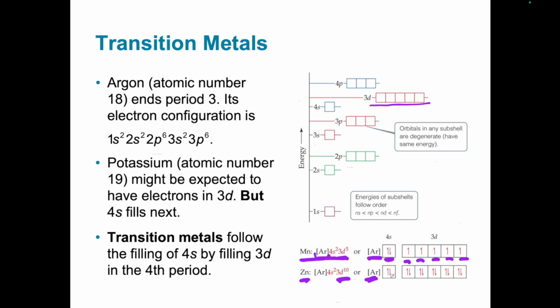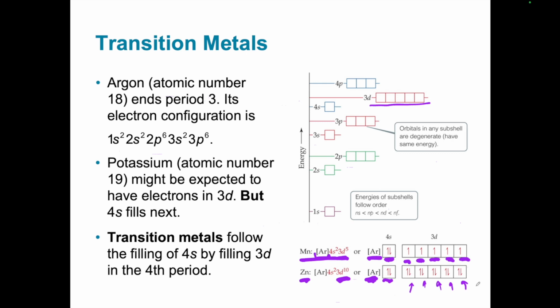So if we use zinc as our example, it has 5 extra electrons than manganese does, and so again you fill them up, but you always go one at a time first, and then you come back and add in these extra ones to accommodate all the electrons in the d orbital of zinc. So always, if it's a degenerate orbital, go one at a time first, and then come back and fill in the rest if you need to with 2 electrons.